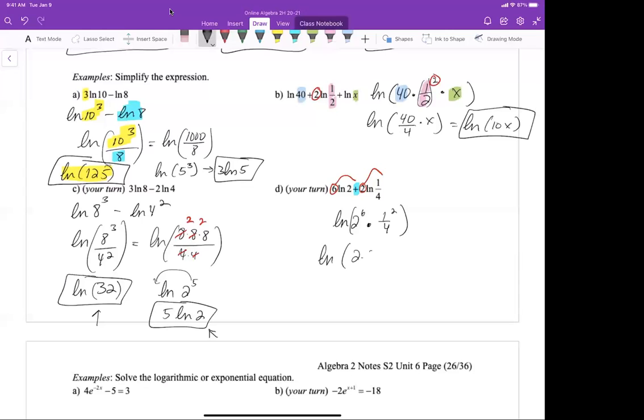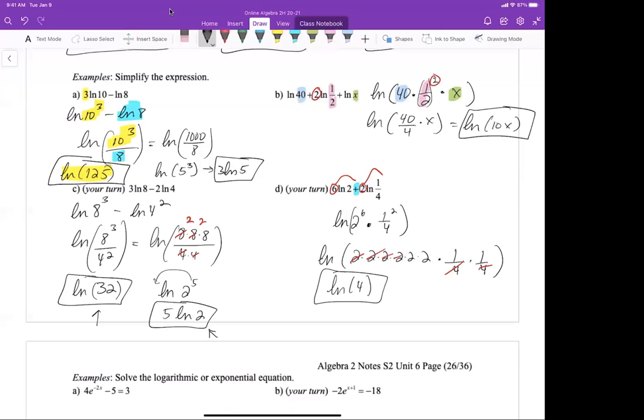I have 2 times 2 times 2 times 2 times 2 times 2, 1, 2, 3, 4, 5, 6. And I also have 2 fourths times each other. So that's what that looks like. I can get rid of 2 2s and 1/4, 2 2s and 1/4, and I'm left with natural log of 4. And this would be a perfectly acceptable answer.